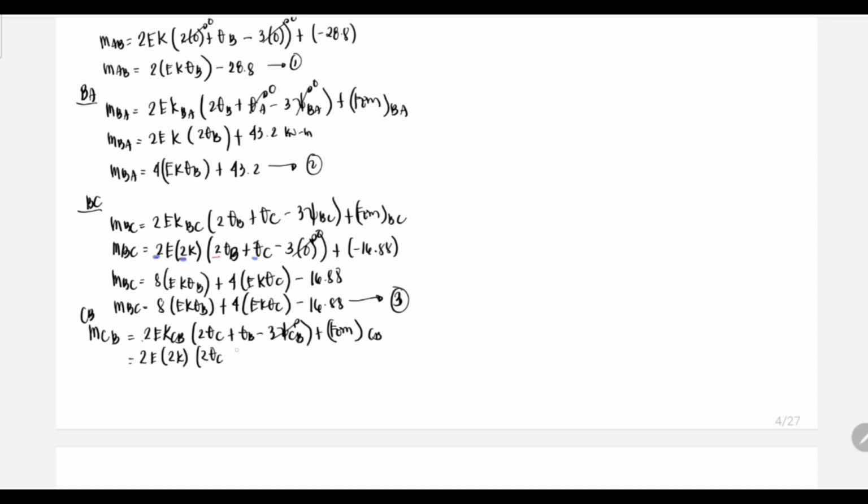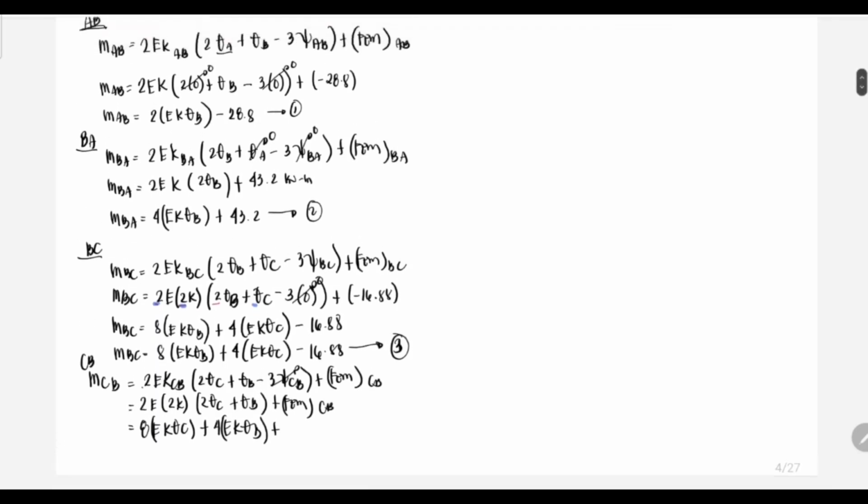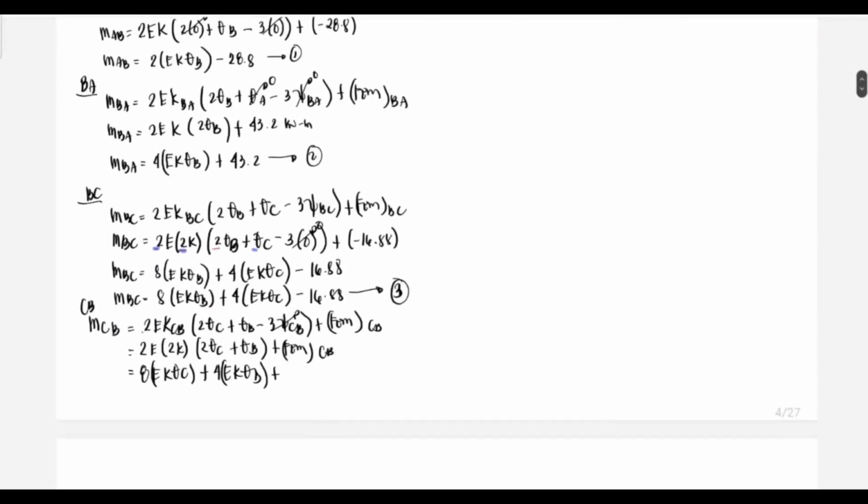Okay, multiplied by 2 theta C plus theta B plus your fixed end moment of CB. So 2 times 2 times 2 is 8. So 8EK theta C plus 2 times 2 is 4. So 4EK theta B plus your fixed end moment of your CB. Yung CB natin kanina is positive 16.88.